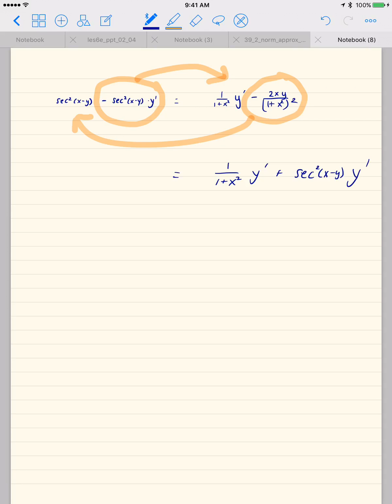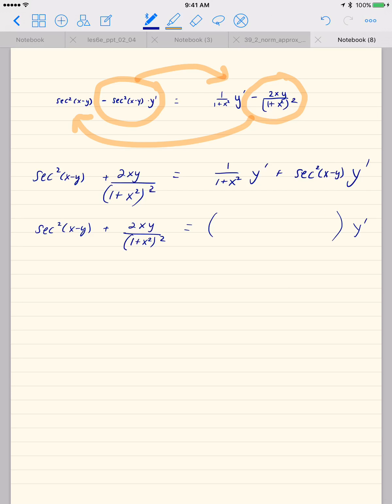All of that is equal to secant squared x minus y plus 2xy divided by quantity 1 plus x squared, squared. So I'm going to factor out a y prime on the left-hand side, and that's going to equal secant squared x minus y plus 2xy over 1 plus x squared, quantity squared.